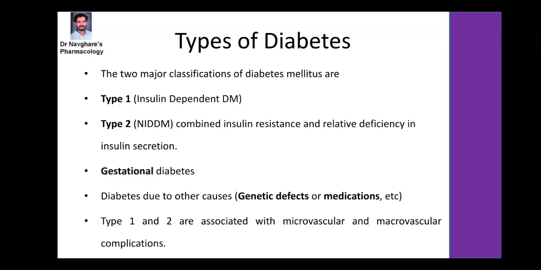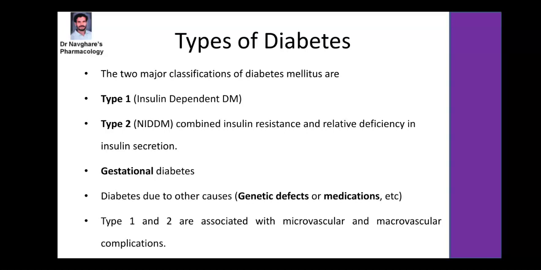It develops either because of insulin resistance or deficiency in insulin secretion. The third type of diabetes occurs during pregnancy. It is called gestational diabetes. And later, some types of diabetes were discovered that develop because of genetic defects or some medications.